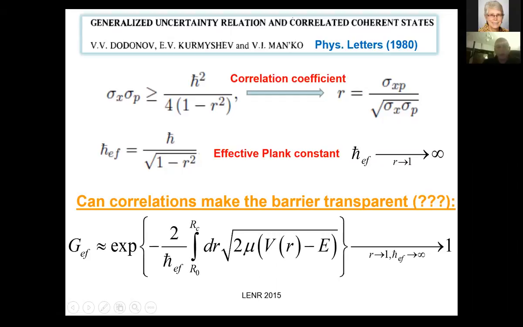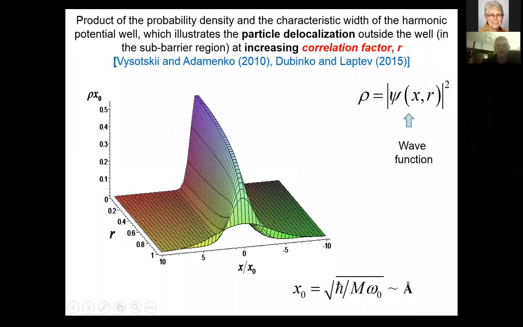So the question is, can the correlations make the barrier practically transparent? And the principal answer is yes, and this plot shows you why. It shows the distribution of the probability of a particle to be somewhere inside or outside the potential well. If there is no correlation, it is strongly localized within the potential well.